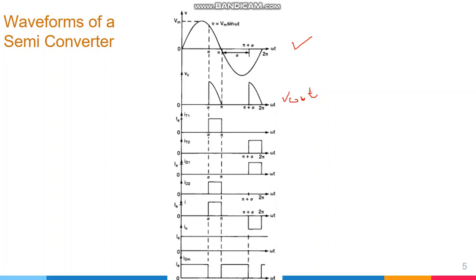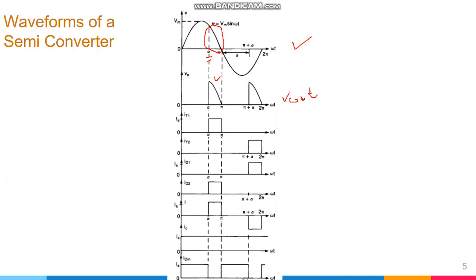This is the interval in which the first thyristor was triggered at angle alpha, and when that thyristor was triggered, the output voltage started to follow the input voltage from that point, and an output voltage waveform like this was obtained.